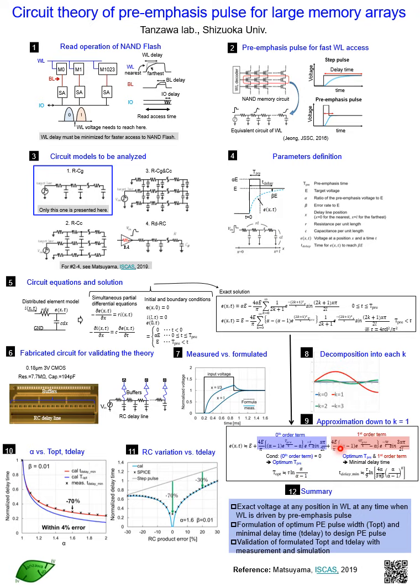Therefore, you can estimate the optimum pre-emphasis pulse width if you know the word line RC time constant and what value is used for alpha. The first order term determines the actual delay time when you apply T pre of T opt.